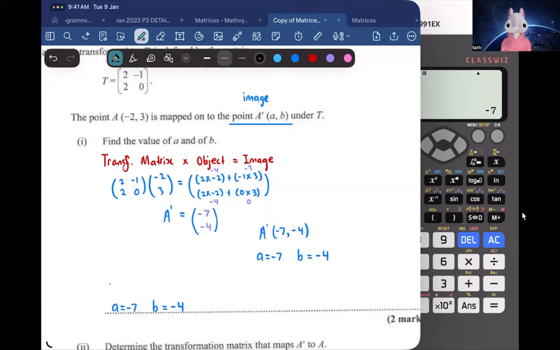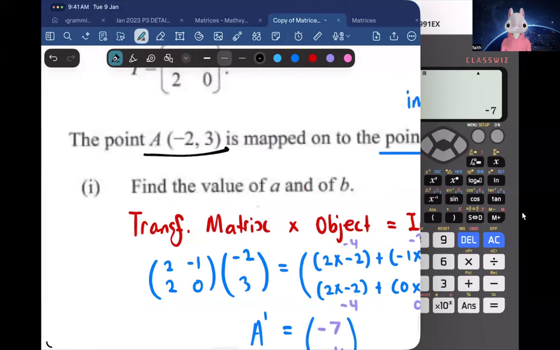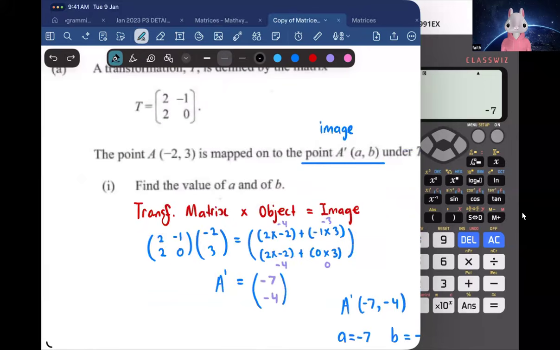You see how we have a point over here? That original point is the object. But if I do something to it, I get the image. So the image is what you get after you transform the object.